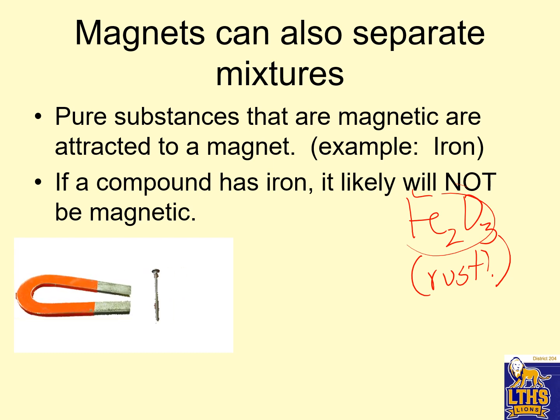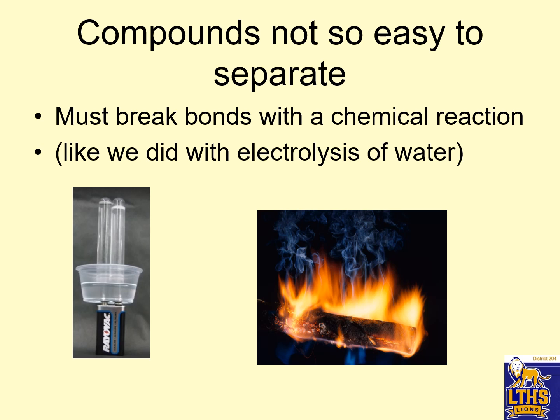So the property of magnetism changes when iron bonds chemically with other things. But if it's pure iron, we can use the fact that it's magnetic to pull it out of a mixture. Compounds are not so easy to separate because you have to break the bonds with a chemical reaction, like we did with the electrolysis of water.